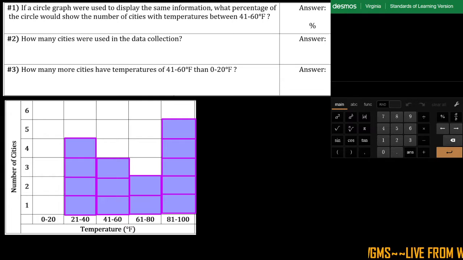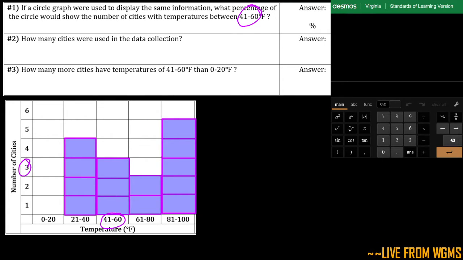I'm going to use that wonderful Desmos calculator to calculate some things. So first, I'm looking for this interval, between 41 and 60 degrees, and how many go along with it. There are 3 that go along with it.